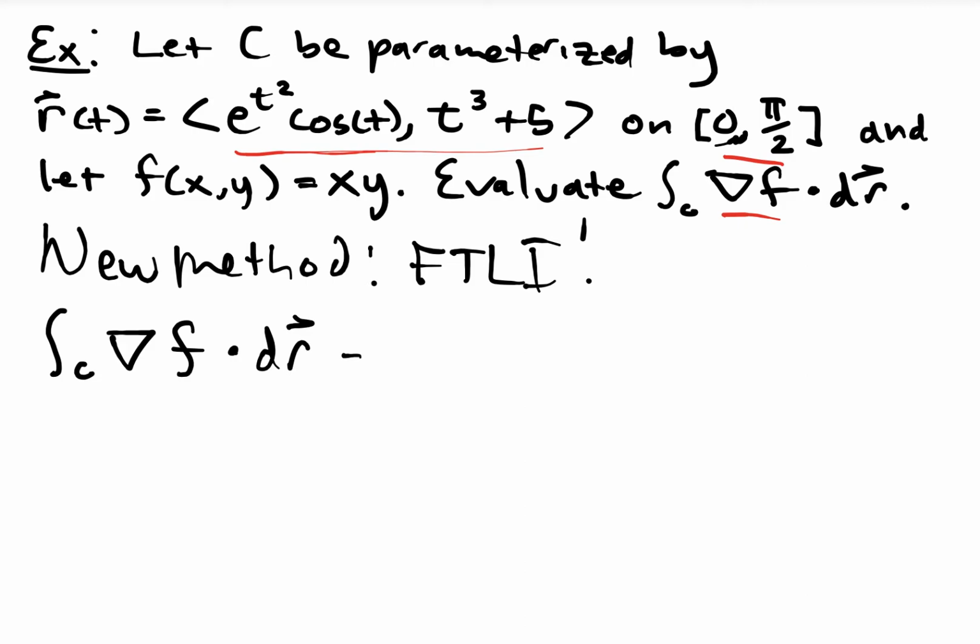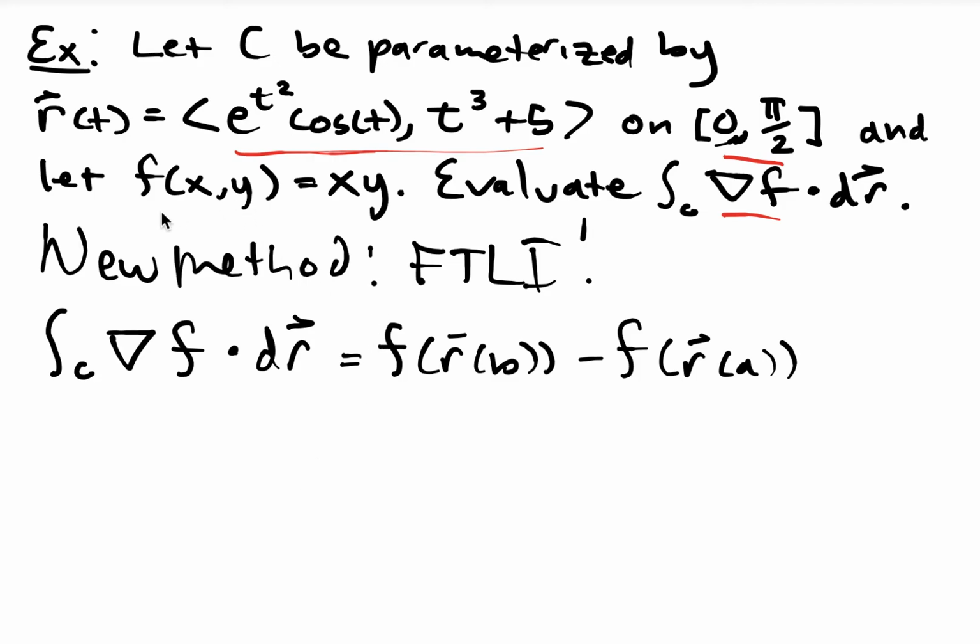The fundamental theorem of line integrals says that if I'm integrating this conservative vector field, I can just look at my potential function, see what happened when I evaluated it at the endpoint, and subtract off what happened when I evaluate it at the starting point. Now, I've given you all of these things.